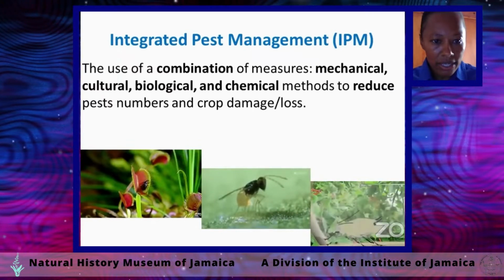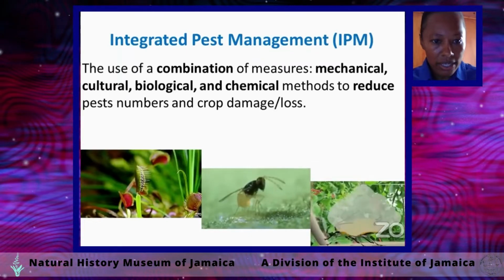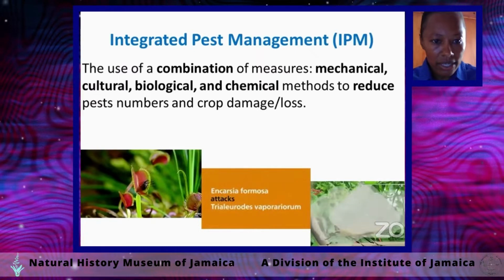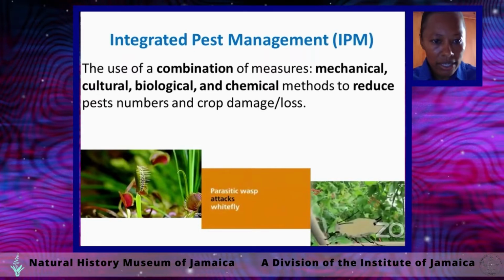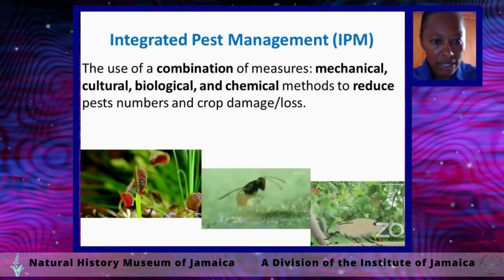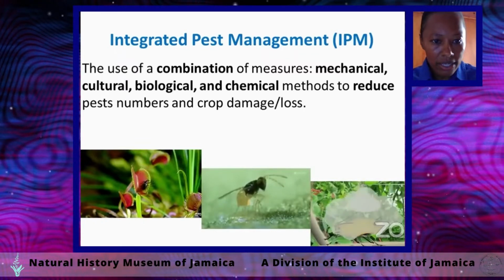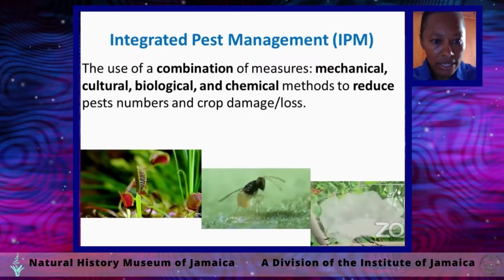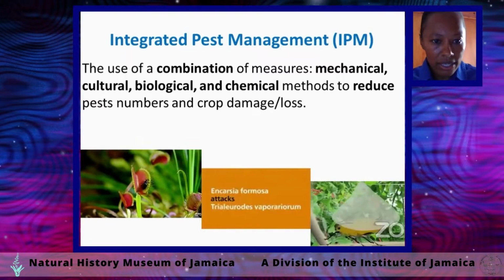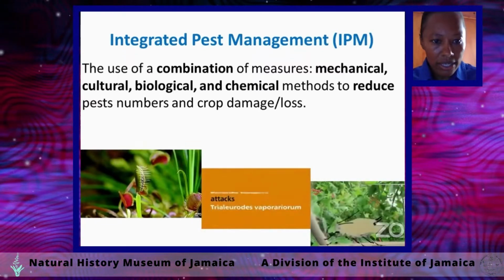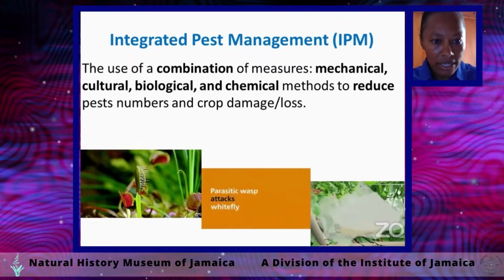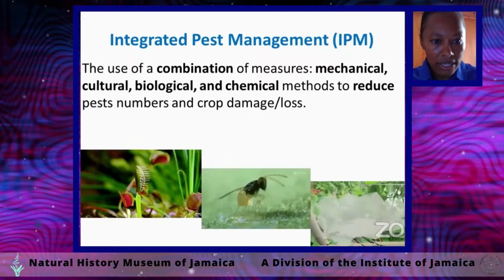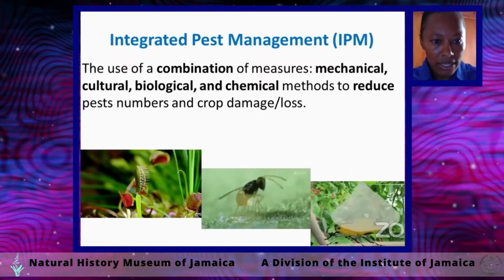Now, the aim of IPM is not to get rid of the particular organism off the face of the earth, right? It is to keep or reduce the population at a tolerable level so that the farmer who is producing the crop can make a profit from his investment and lose less of the crop.